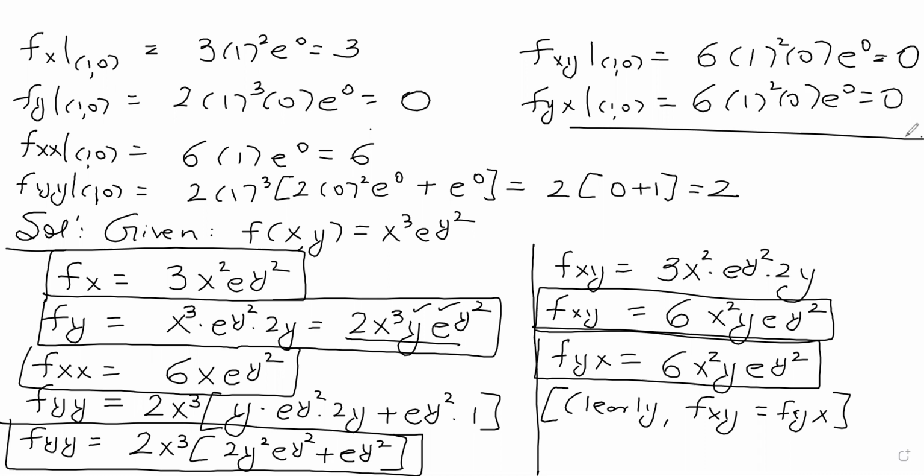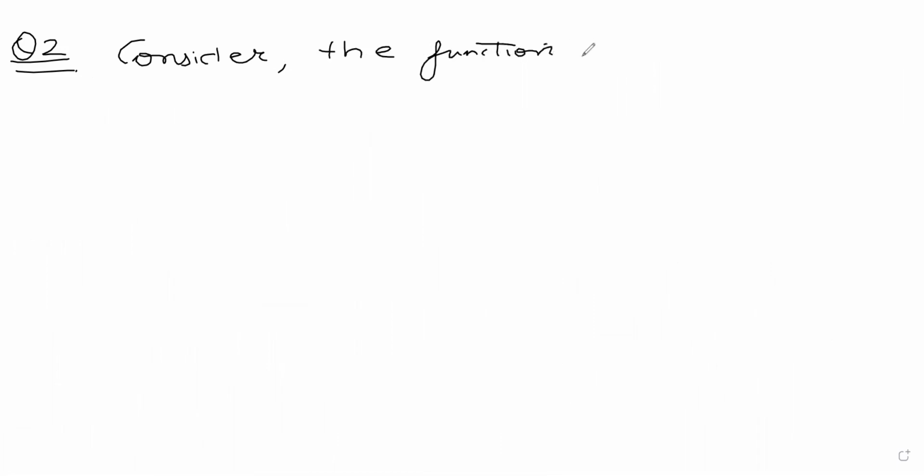Okay. And now let's look at one more question and then we stop. Question 2. Consider the function x equal to a p to the power minus 1.5 r to the power 2.08.